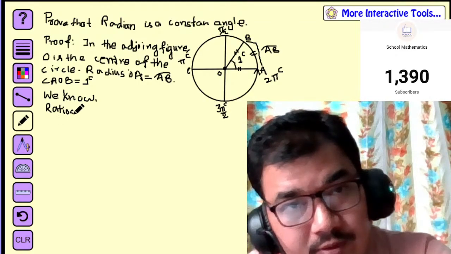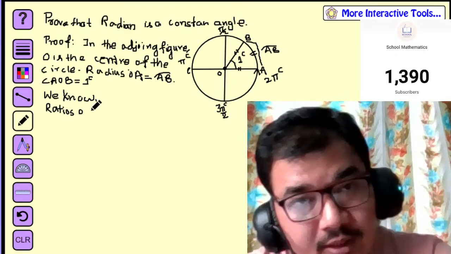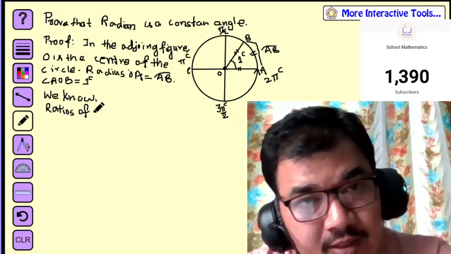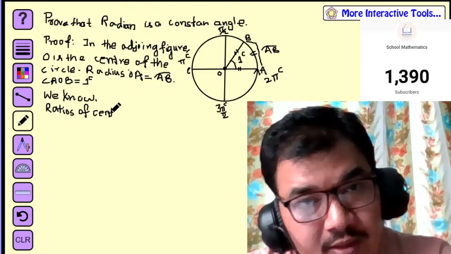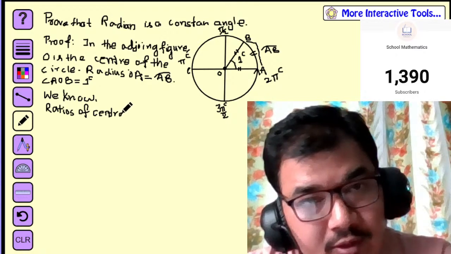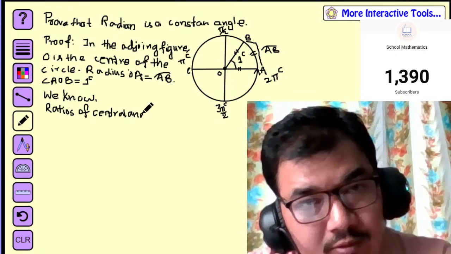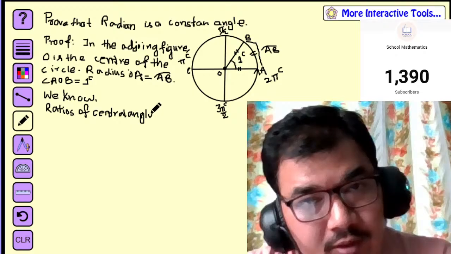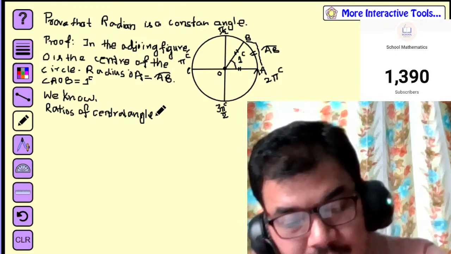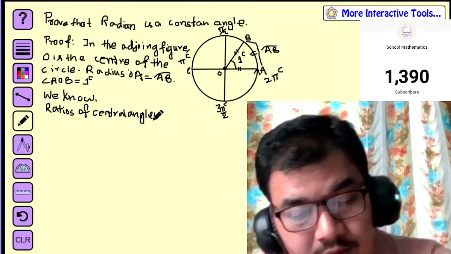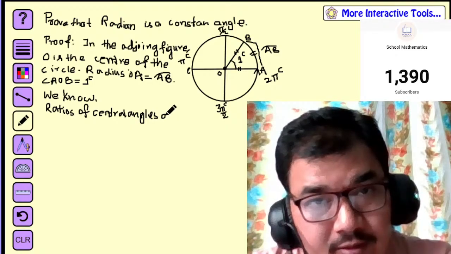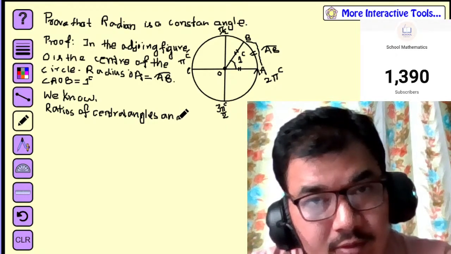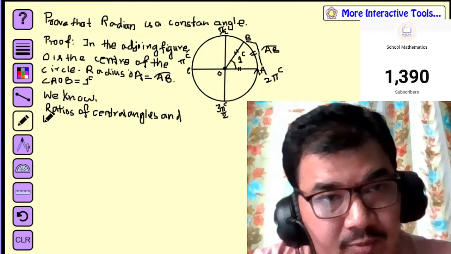Ratios of central angles and their corresponding arcs are proportional.